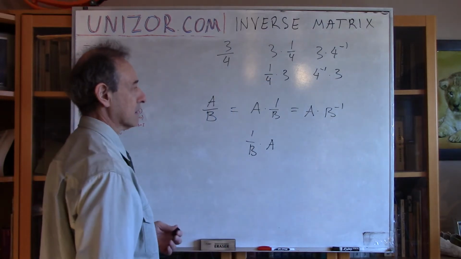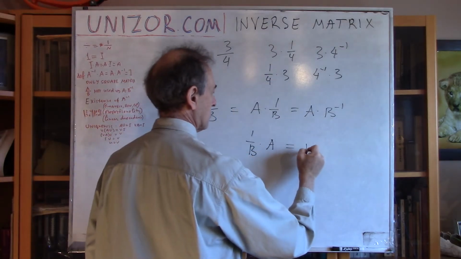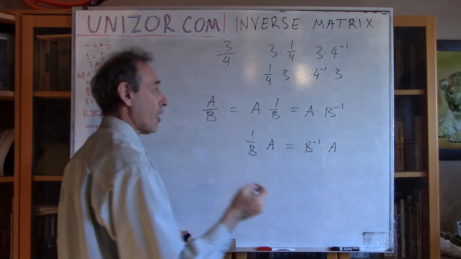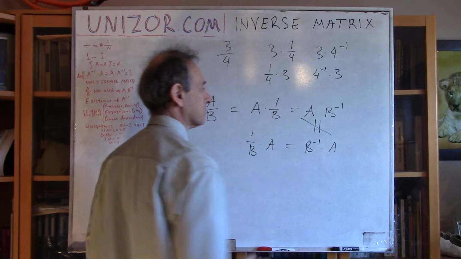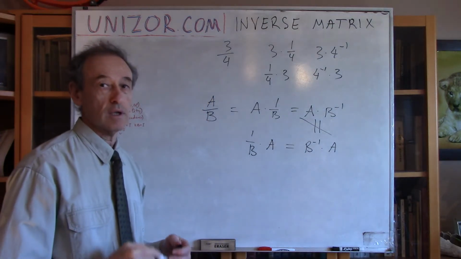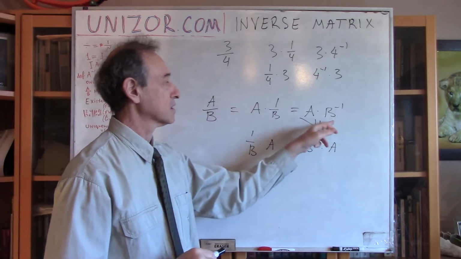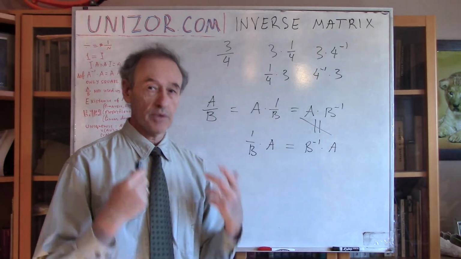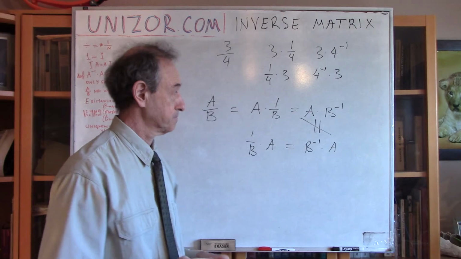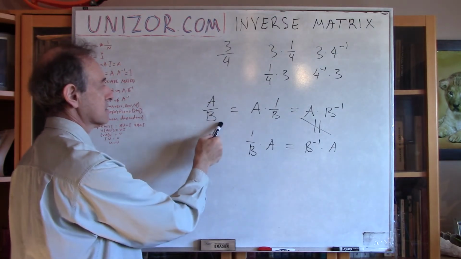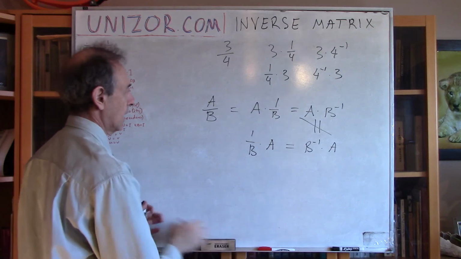It's completely analogous, and this is B to the minus 1 times A. But the problem is these are not equal to each other in a general case, because the operation of multiplication of matrices is not commutative, as we know, which means that writing this is not really a good idea.